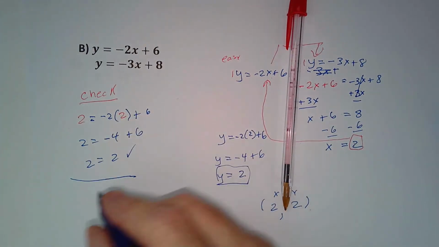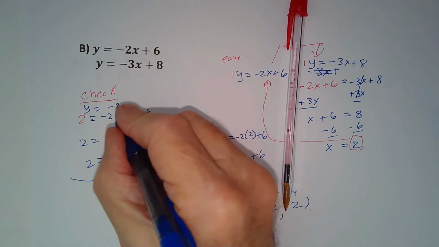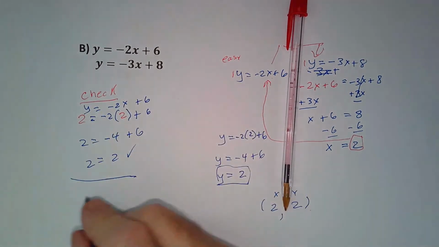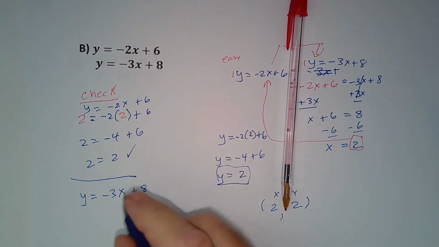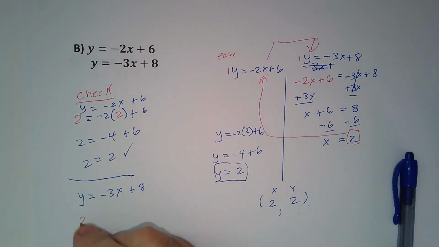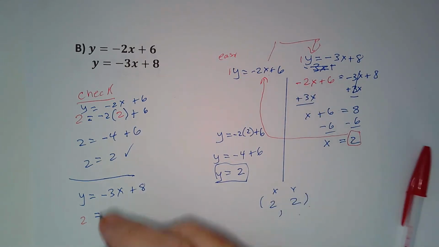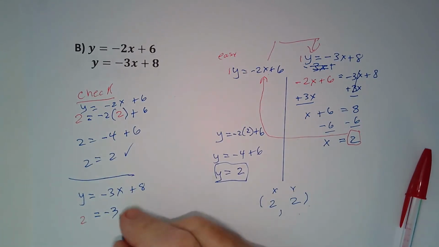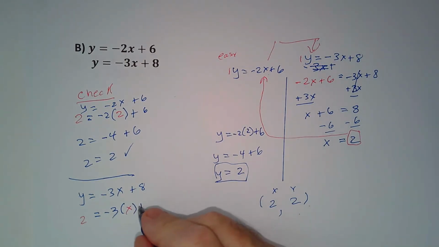Second equation, the first one was y equals negative 2x plus 6. Second equation is y equals negative 3x plus 8. So again, I'm going to substitute 2 for the y, and that's going to equal negative 3 times the x plus 8. Let's hope. Let's see.